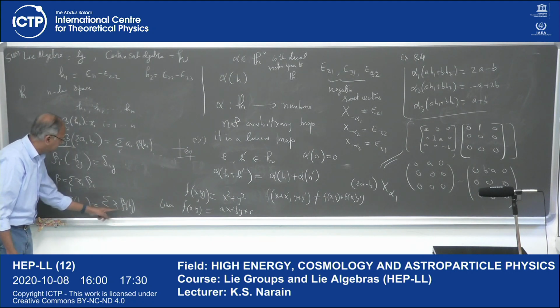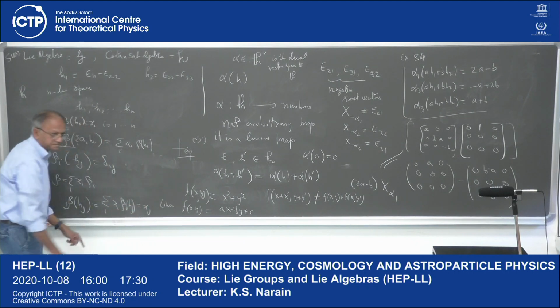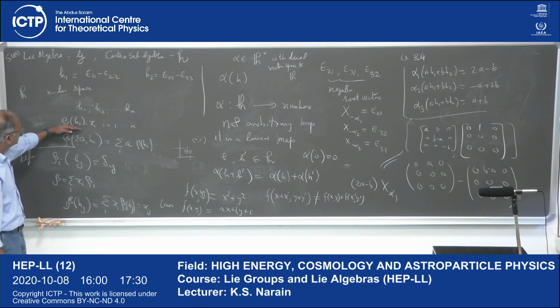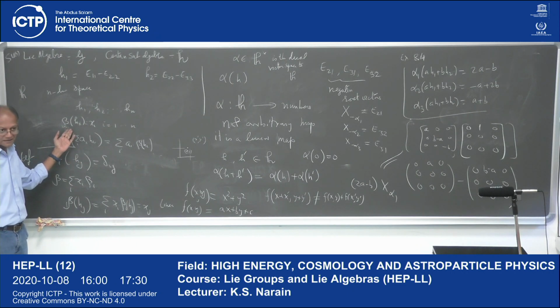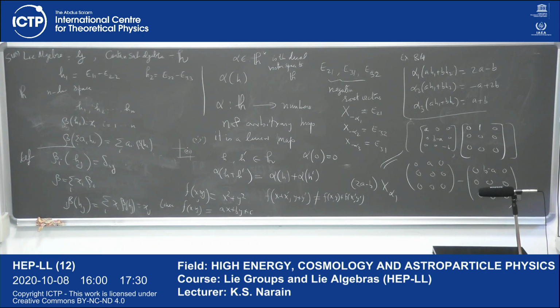So xi delta Ij summed over I is the same as xj. So you see, I could reproduce this function beta as a linear combination of these beta i's, and this was a completely arbitrary linear function. So any arbitrary linear function can be expressed as a linear combination of these special functions that I have defined. But how many of them are there? There are precisely n of them. So that means the dimension of the dual space is also n.